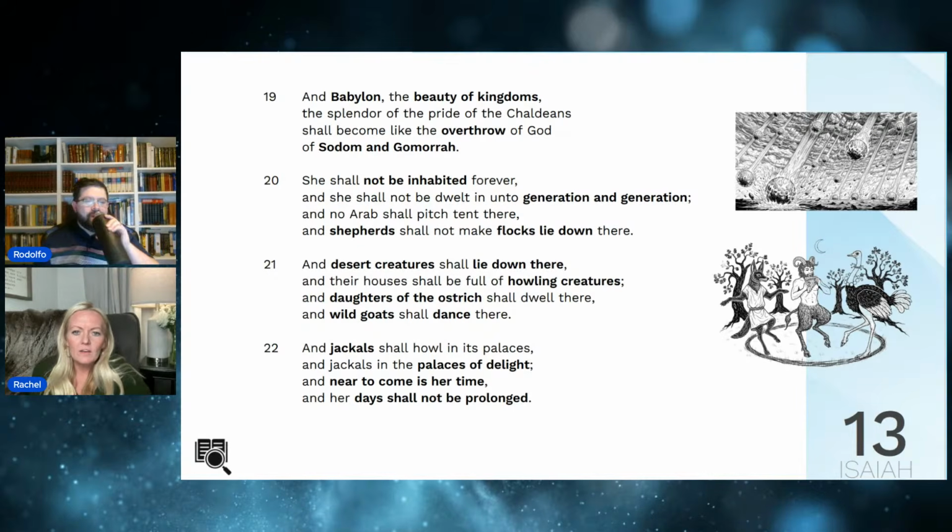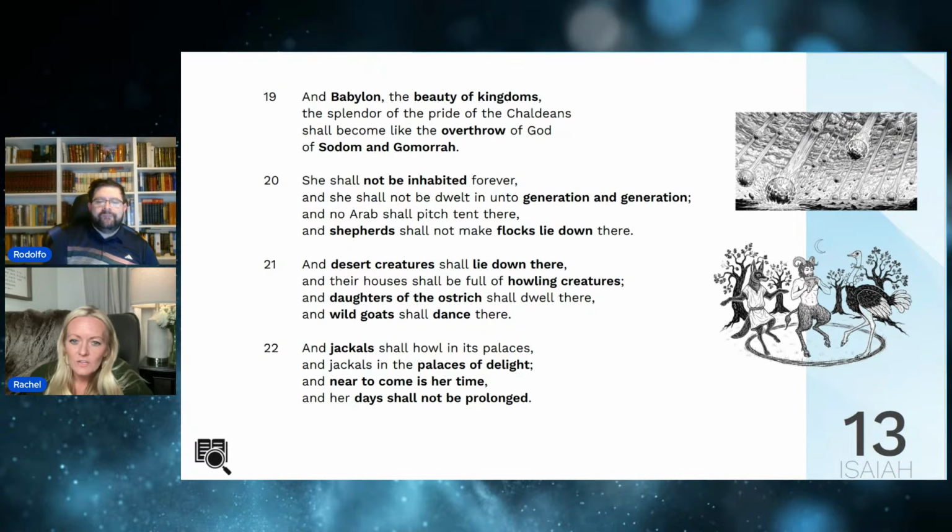Okay, so we're hitting Babylon again here specifically. Babylon, the beauty of kingdoms, the splendor and pride of the Chaldeans, shall become like the overthrow of Sodom and Gomorrah. She shall not be inhabited forever, and she shall not dwell in from generation to generation. No Arab shall pitch tent there, and shepherds shall not make flocks lie down there.